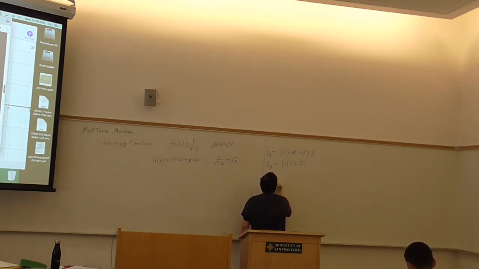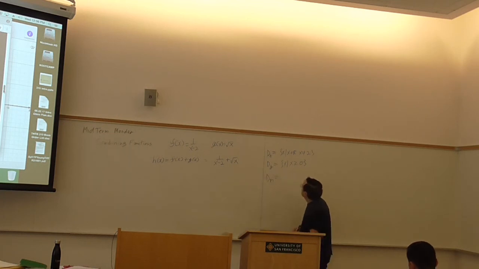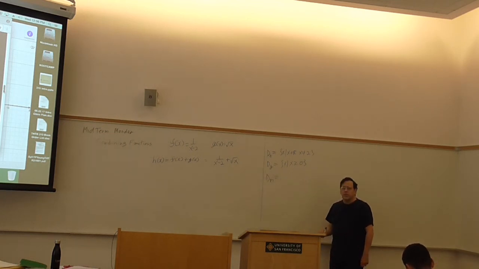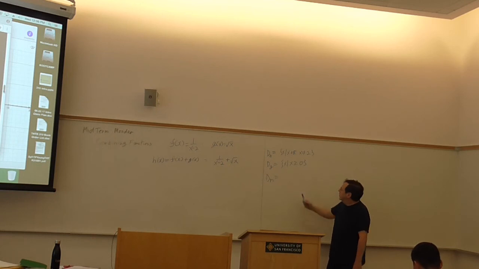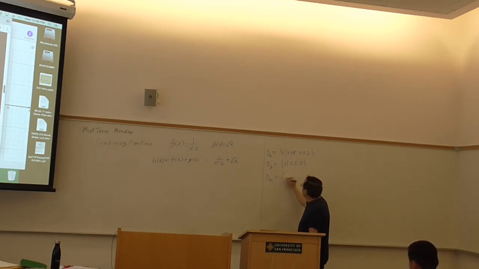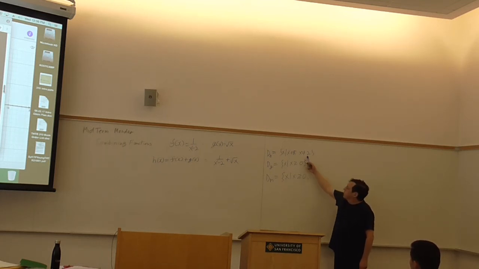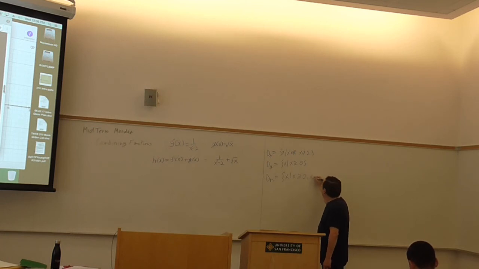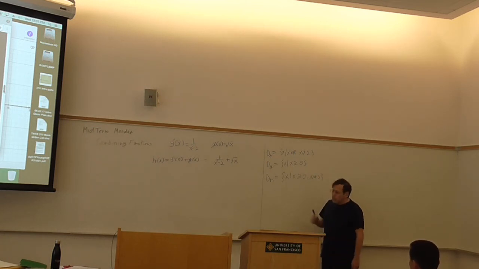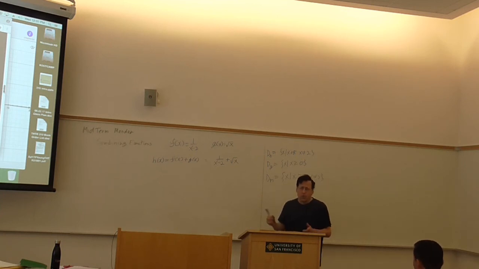Remember, it's got to be the intersection of these two. Well, we could start here. We could say, well, x has to be greater than or equal to 0. But what else? Not 2, right? Remember, a function is not just a rule.